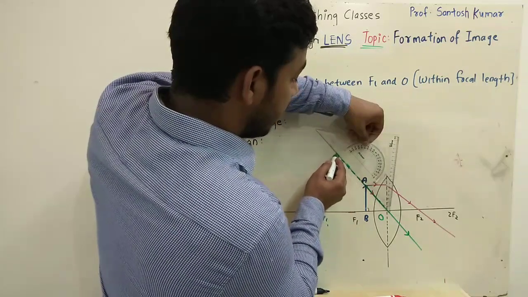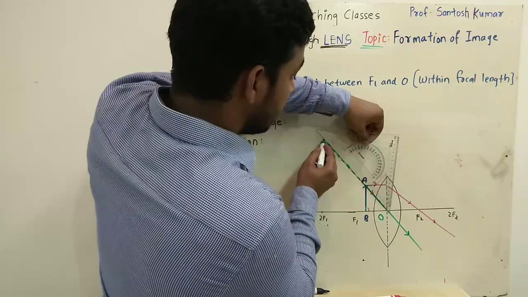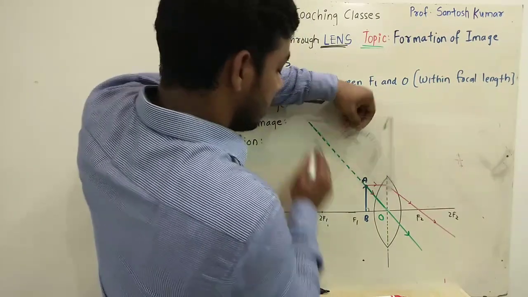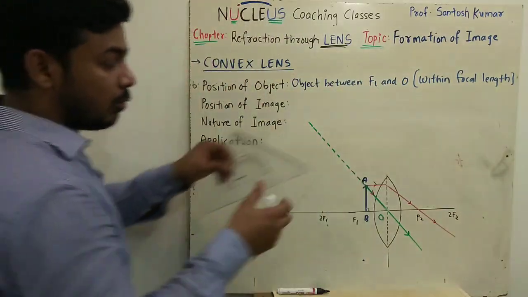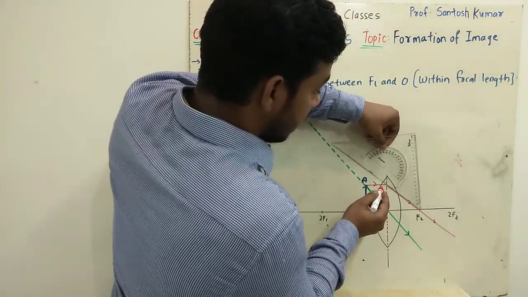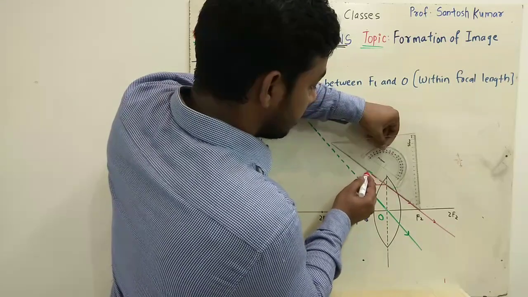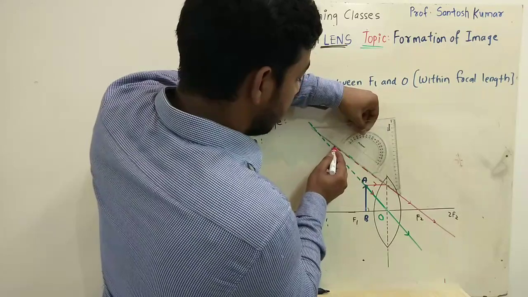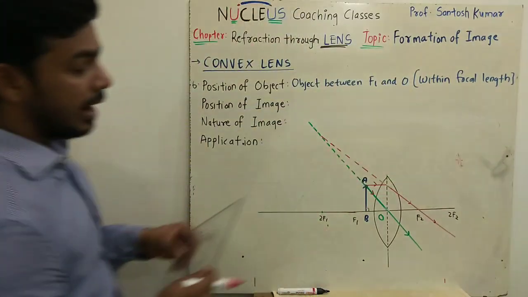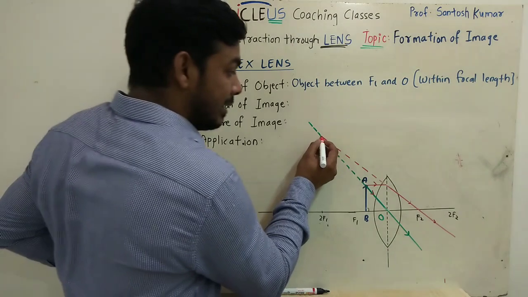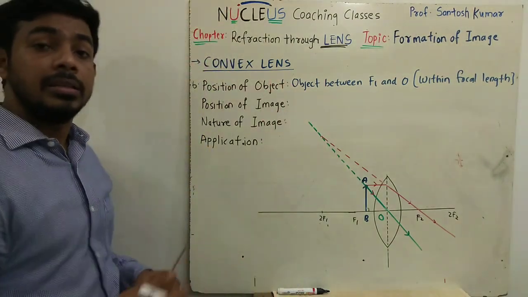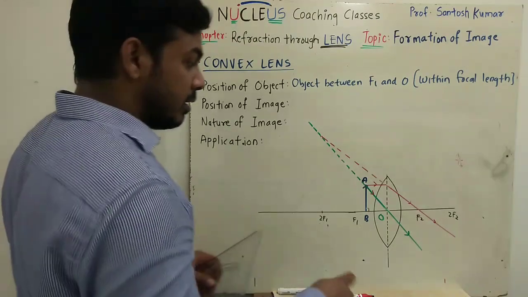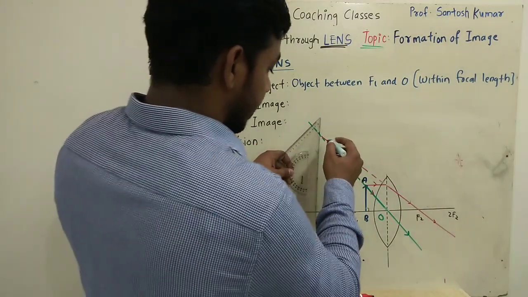That means these are imaginary rays. These are not real rays because these rays are traced backward. And if I draw the rays backward, these rays appear to be intersecting at some point, and that is the point where the image is formed.